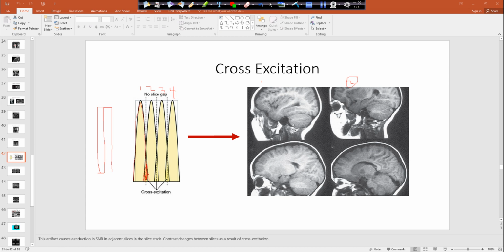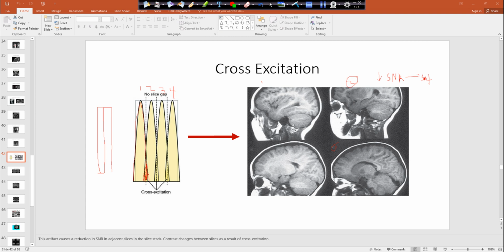We're losing signal. So our SNR on slice 2 has gone down due to saturation. And then we get another bright one, and then we get another dark one. So here we have saturation issues.